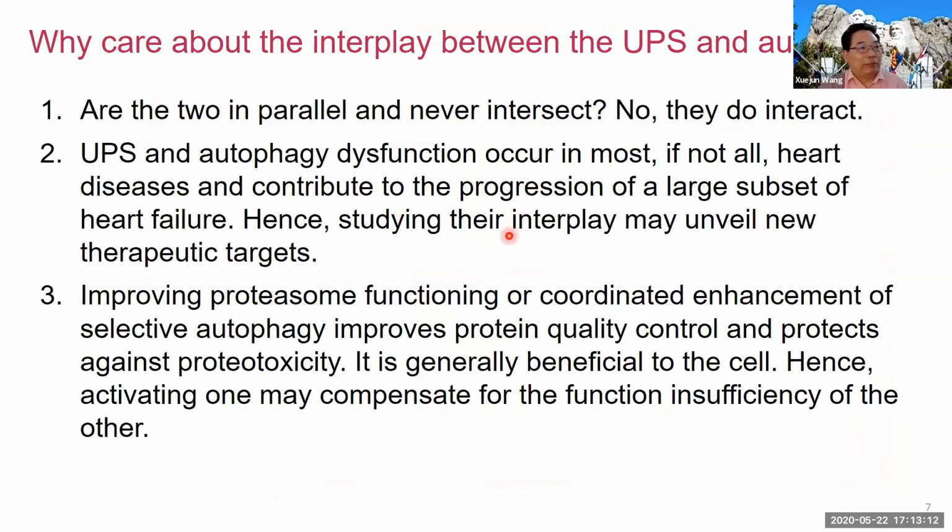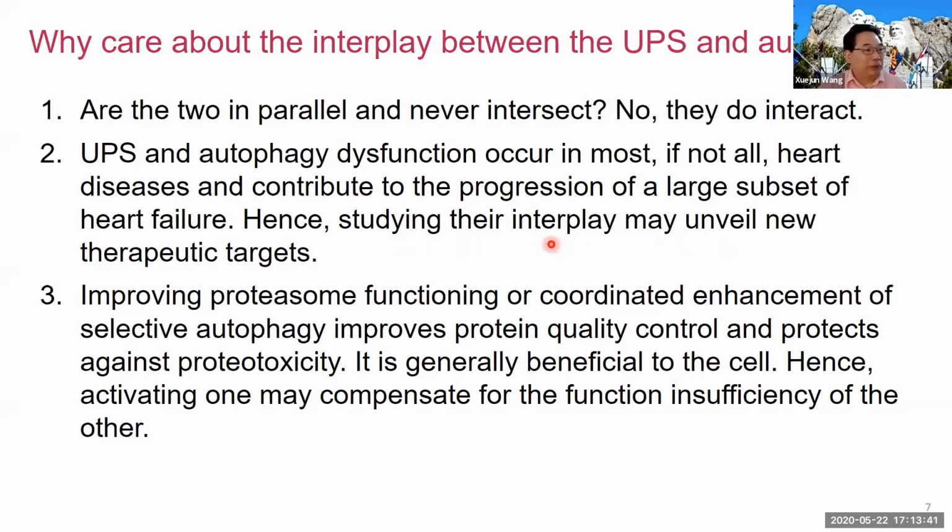Why it's important to look into that: I'm not going to show you the data here, but impairments in both UPS and autophagy occur in most, if not all, heart disease, and contribute to the progression of a large subset of heart disease to heart failure. So studying the interplay may unveil some new therapeutic targets.